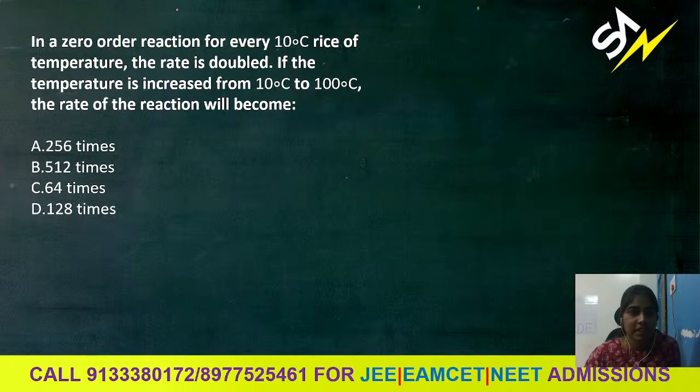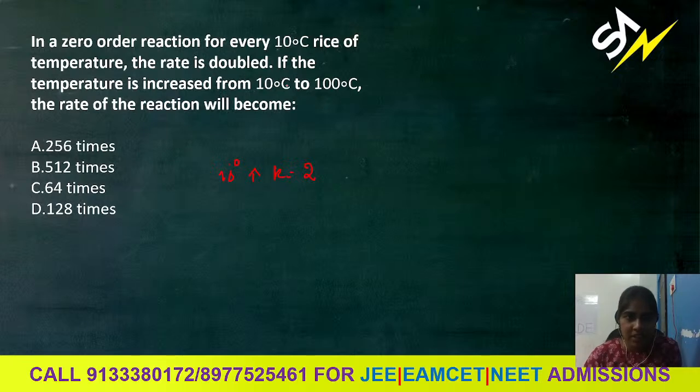For example, let's take a question. In a zero order reaction, for every 10 degrees centigrade rise of temperature, the rate is double. If the temperature is increased from 10 degrees to 100 degrees centigrade, the rate of reaction will become what? Understand the question? For every 10 degrees rise of temperature, the rate is double.